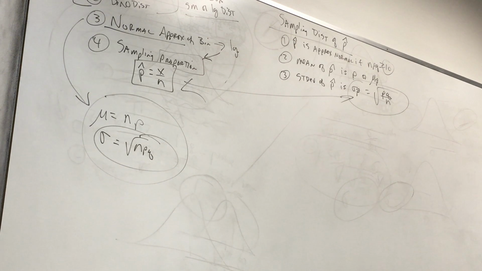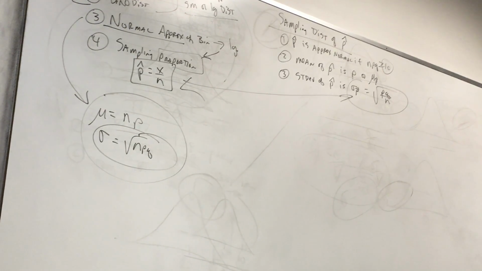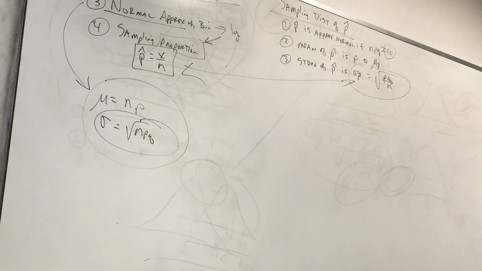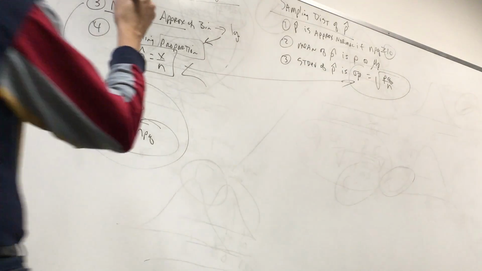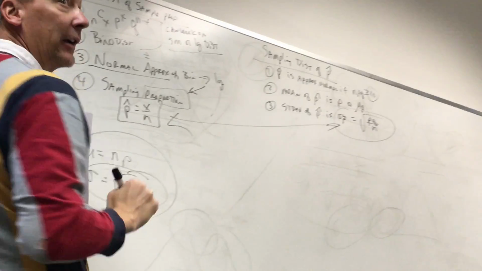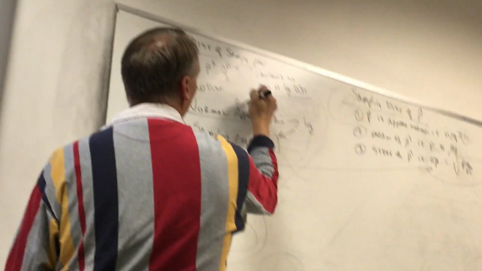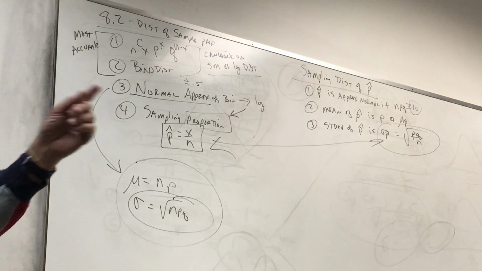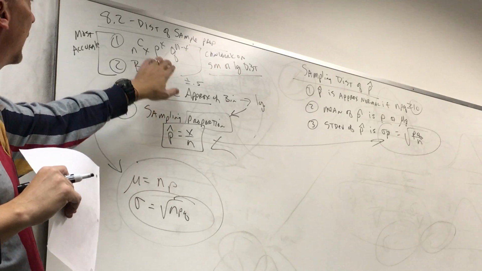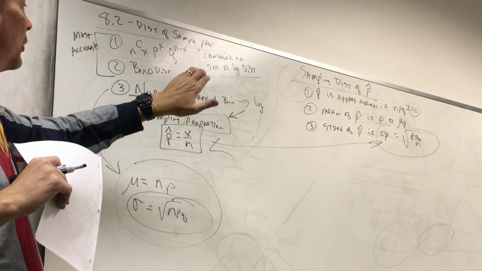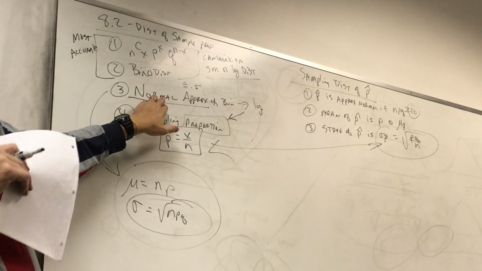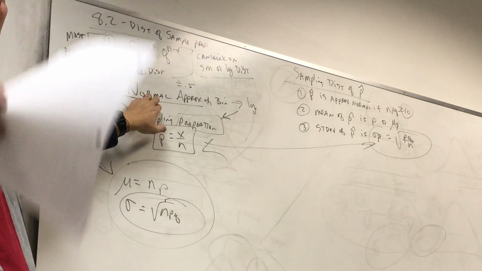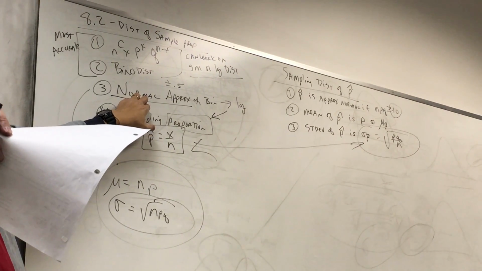Would that be which side of the distribution you're on? Which side of the distribution you're on, but more importantly, I need to add or subtract, right? A half. Okay, remember that for the normal approximation? Because this is a discrete distribution, we're using a continuous distribution. You're either going to need to add or subtract or both, depending on what you're doing.